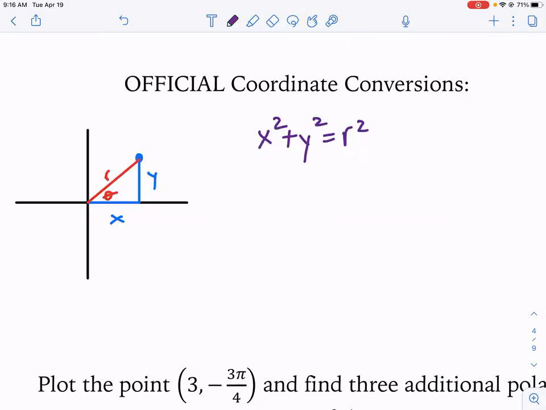What other strategy did you use when we were trying to figure out theta? We knew x and y, and we were trying to find theta. What did we use? Tangent. The tangent of theta is y over x.